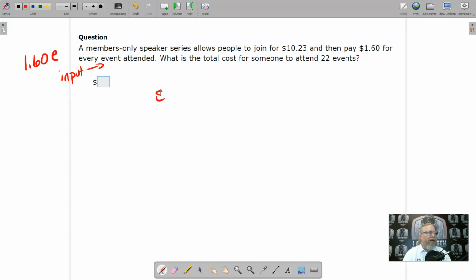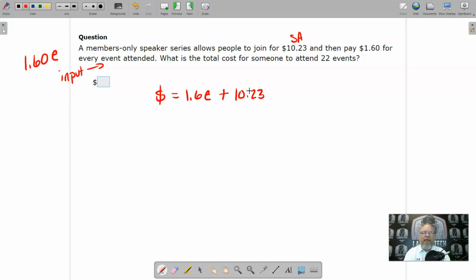So the amount of money that we spend is a function of how many events that we attend. And we do have a starting amount right here, right? We have to pay $10.23 just to join the club. And so we're going to have a starting amount of $10.23. And remember, our rate over here is $1.60, so we'll just put 1.6.